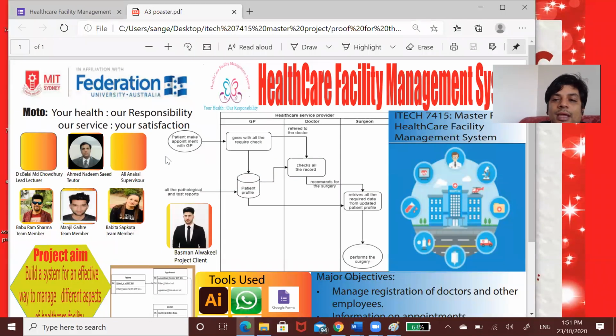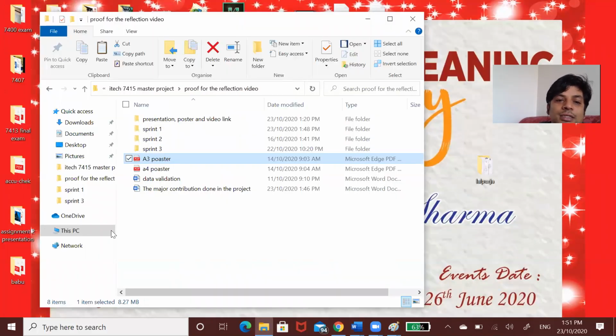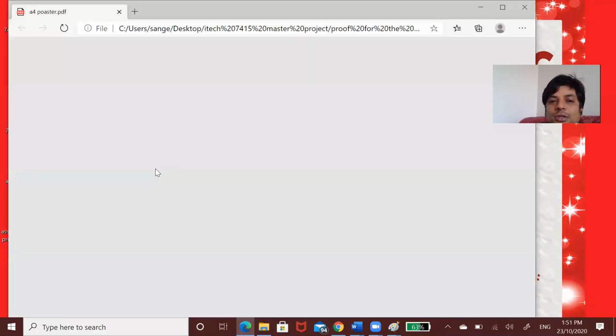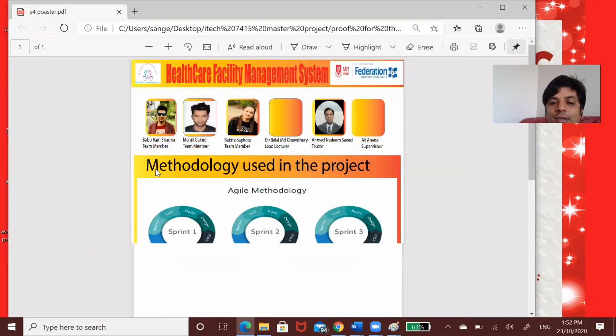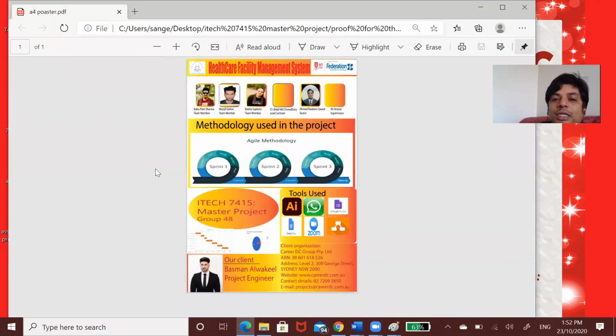This is the A3 size poster for our project, and similarly this is the A3 size poster, and this is the A4 size poster that I designed using Adobe Illustrator CS3.